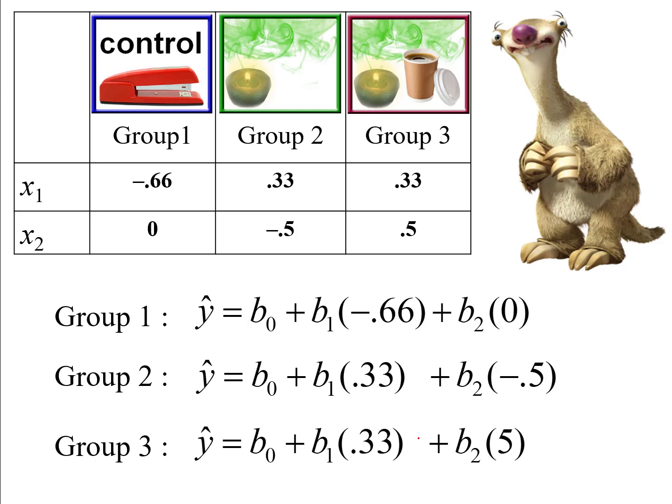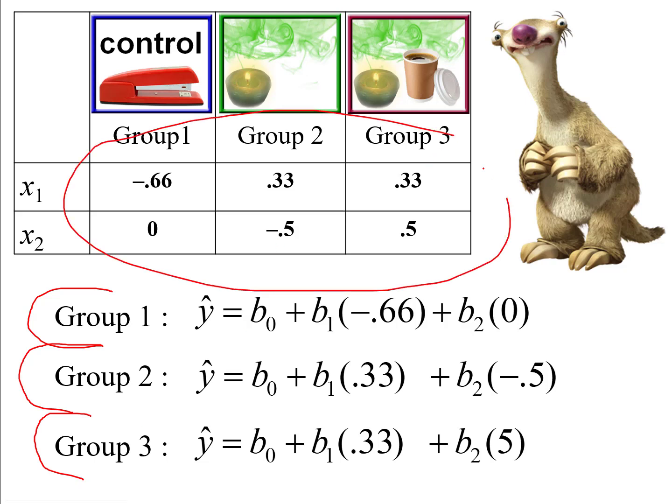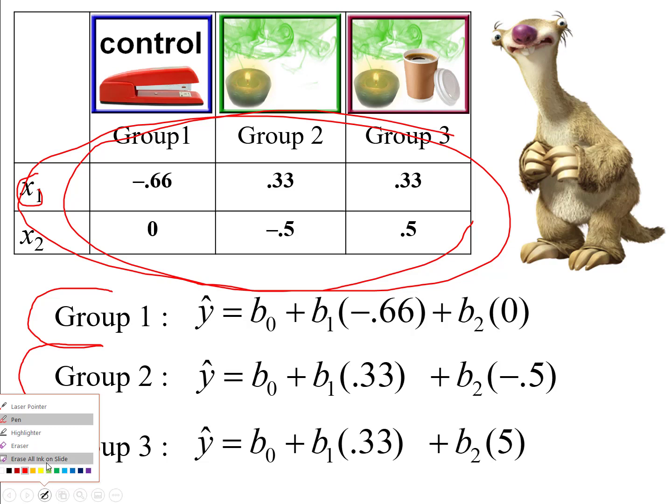And to clarify what I'm doing, this slide just shows us how the regression equations would look for someone in group 1, or someone in group 2, or someone in group 3. Because our code assignment chart up here tells us exactly what people's scores will be on x1 and x2, we could plug these x values into our regression equation.